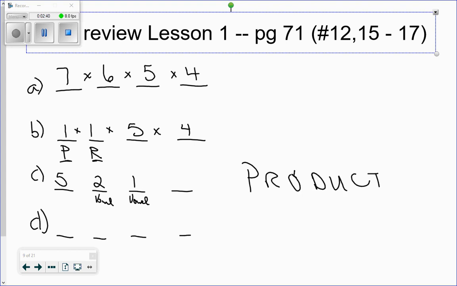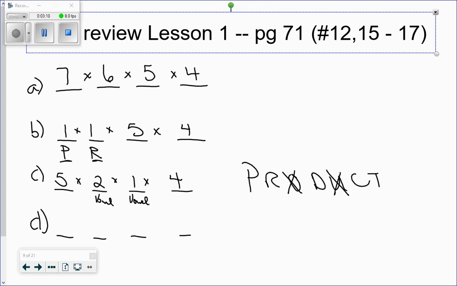You've got 5 choices left, and then 4 for that one. Now notice, every time I add in a restriction, the number will go down. Okay, so this is no restrictions, so this is the biggest answer possible. Every answer after that will be smaller than this number from A because it's got restrictions.